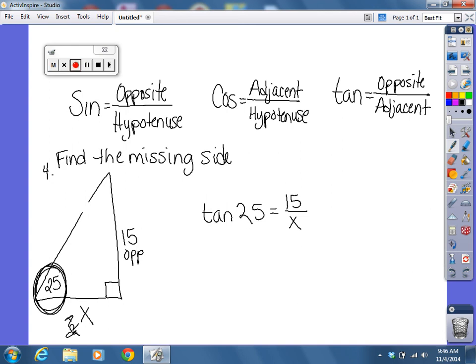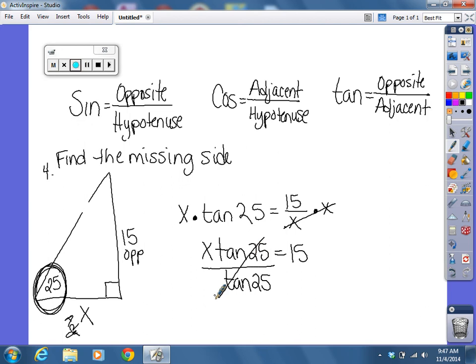So I still have to, those two are divided. The opposite of division is multiplication. So I still have to multiply by x to get that off the bottom. So now I have x times tan of 25 is equal to 15. All right, is x by itself? No. Now they're being multiplied, so the opposite of multiplication is division, and I still need x by itself. So I have to divide by tan of 25.